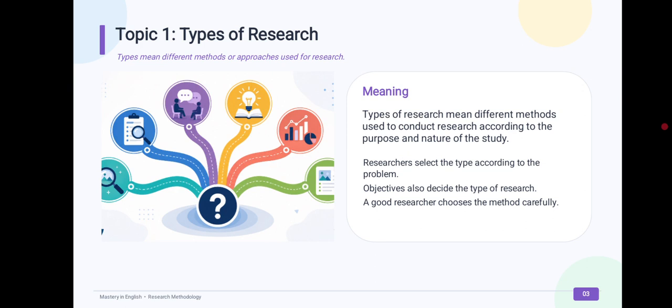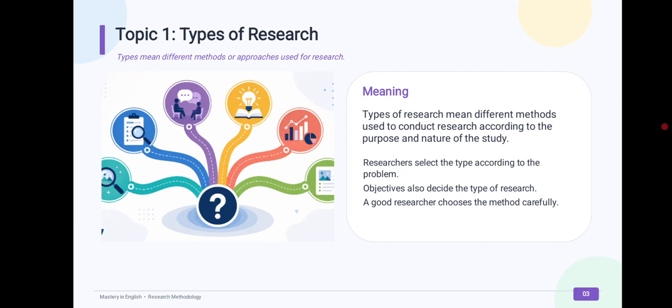In addition to that, sometimes they study opinions and behavior of the customers. Moreover, sometimes they study numbers and statistics. Because of these different purposes and goals, research is divided into different types.